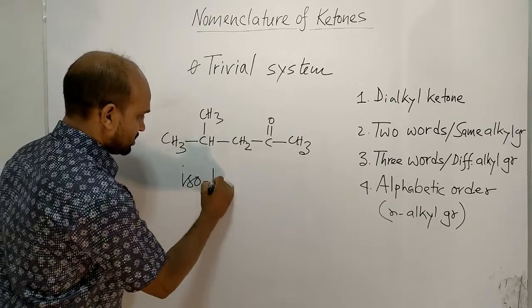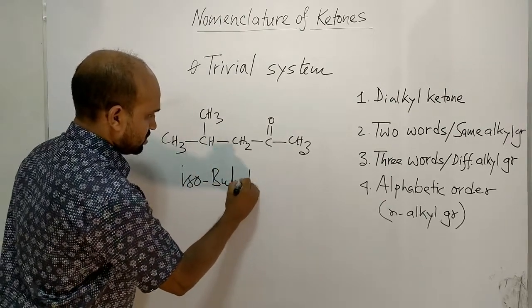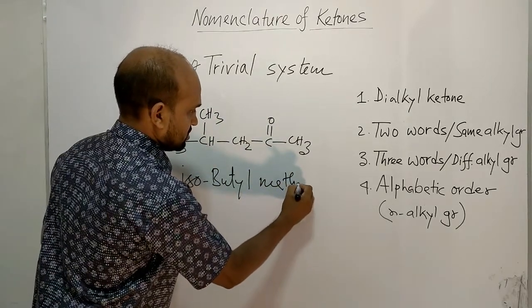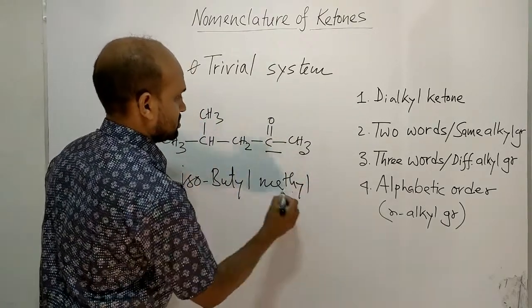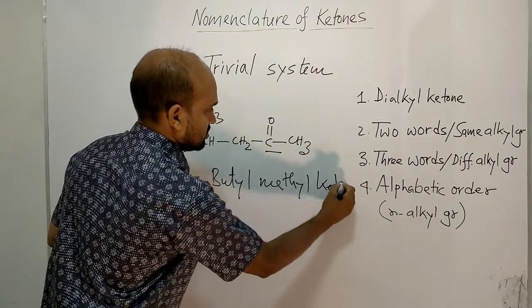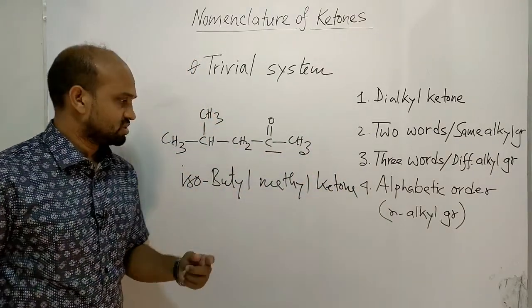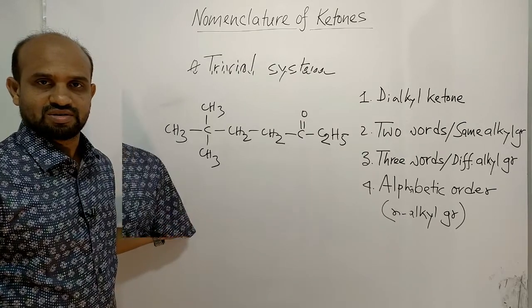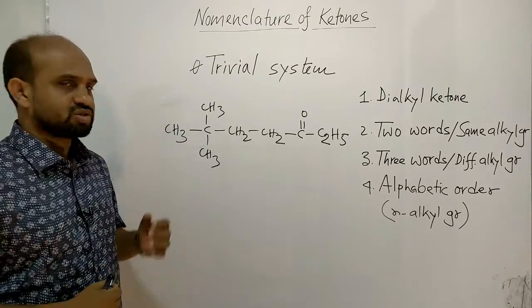So it is isobutyl. This is methyl. This one is ketone. So its name is isobutyl methyl ketone.